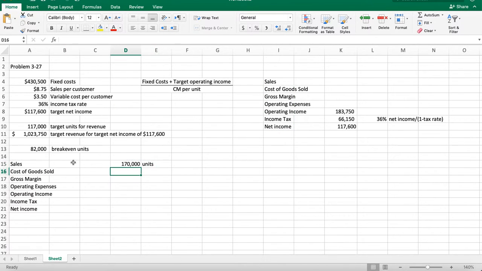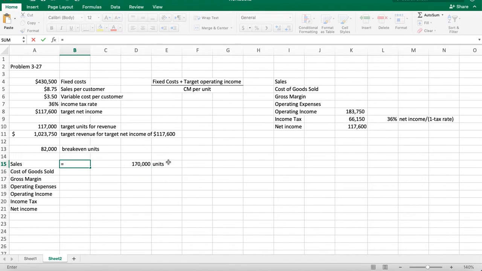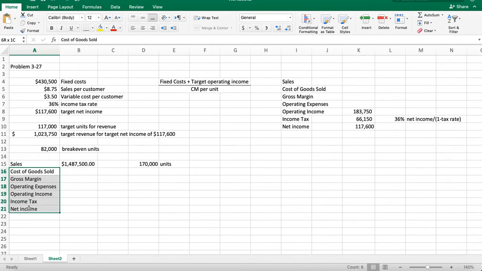Okay, so if that's the case, then my sales would be 170 units times my sales price per unit. Oh, why did it do that? I should have pulled the contribution margin.